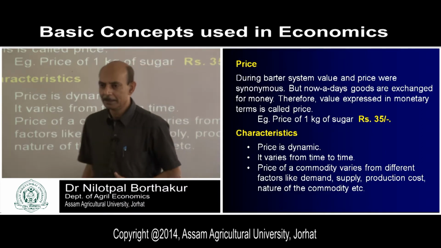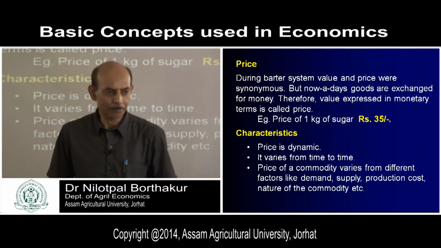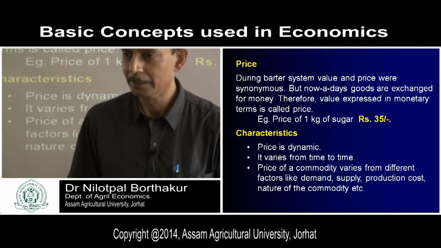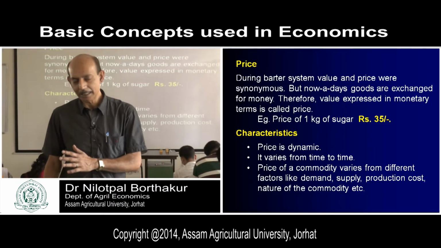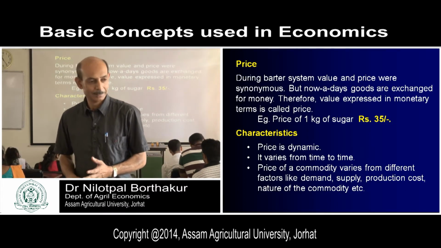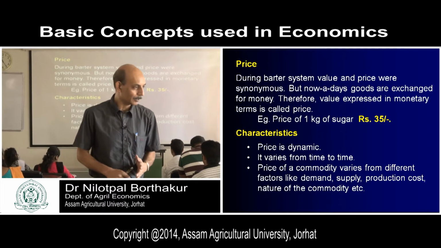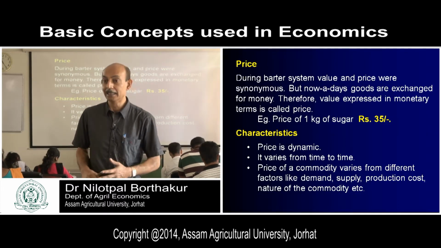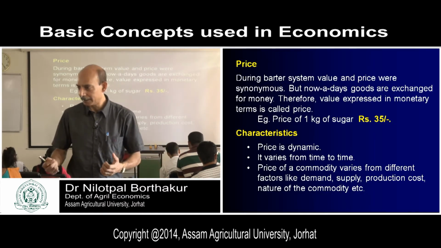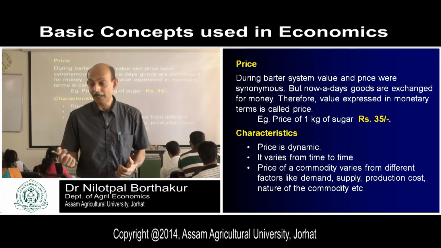And the price is affected by a number of factors in the economy. Demand: suppose demand for a certain commodity suddenly increases, many people want to buy this commodity, sellers will increase the price. Price will go up.